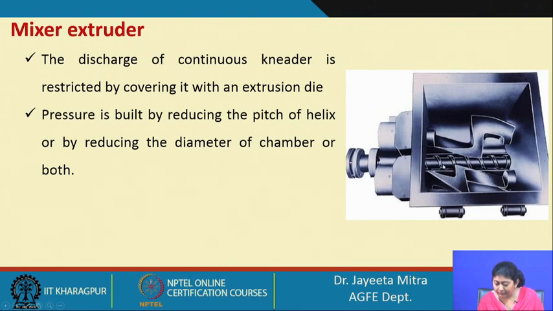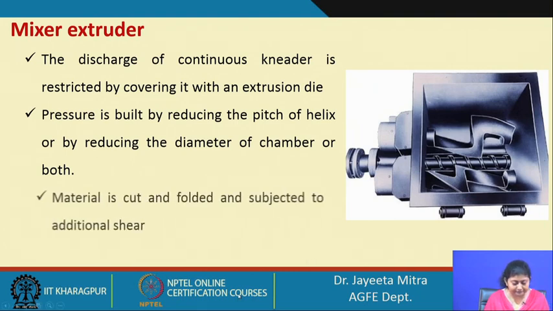From the top of one rotation to the top of the other, that whole length is called the pitch, and that pitch can be adjustable. You can change the screw in such a way that the pitch will be lowered or higher, and because of that the pressure will build up. Also we can reduce the size of the chamber, or both things can be done, that is change of pitch as well as change of chamber size, so that we can get high pressure built inside the chamber.